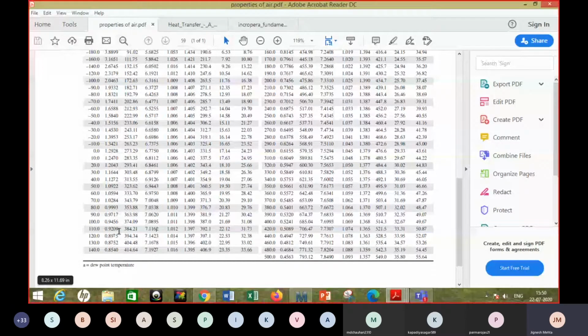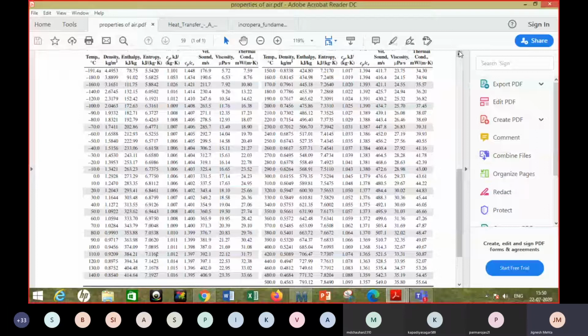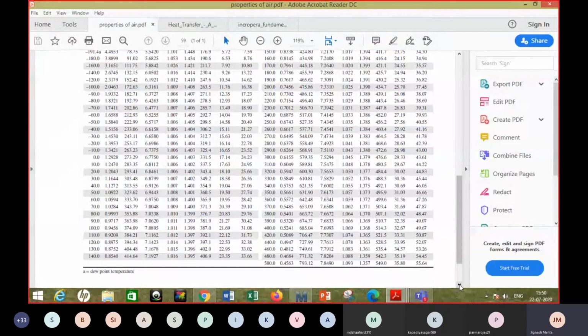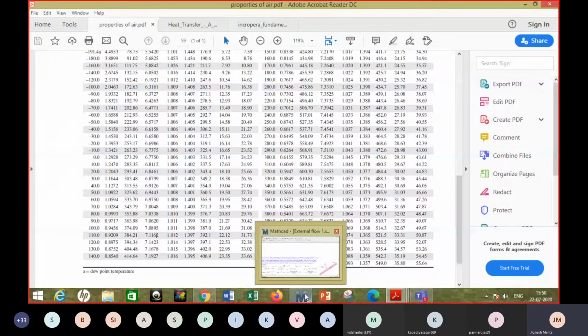So the average will be found, and you will do it for all the properties. So now list down the properties: the density, viscosity, and thermal conductivity also might be needed. So you write down those properties at 105 degrees Celsius from the table.